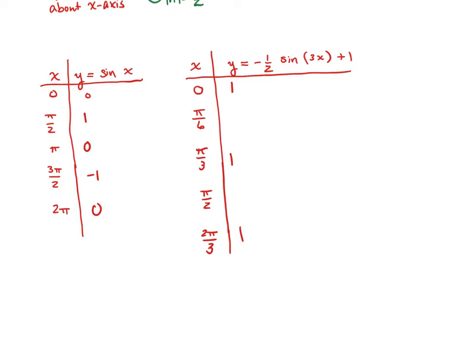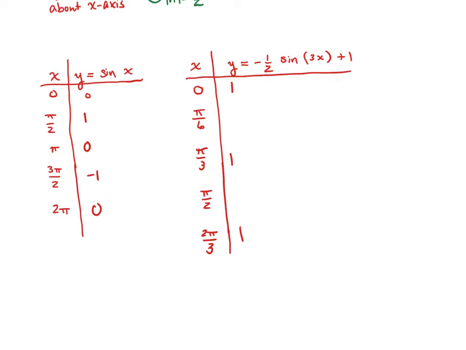Now, this function has been reflected, which means that instead of increasing from our line of oscillation, we are now going to go down from our line of oscillation. And how much do we go down? Well, the distance we deviate from our line of oscillation is our amplitude. So instead of going from 0 to 1, as in our original function, we're going to go from our line of oscillation down by our amplitude.